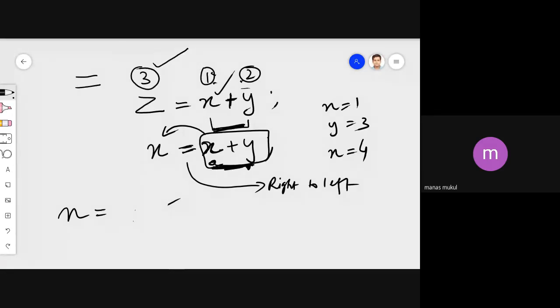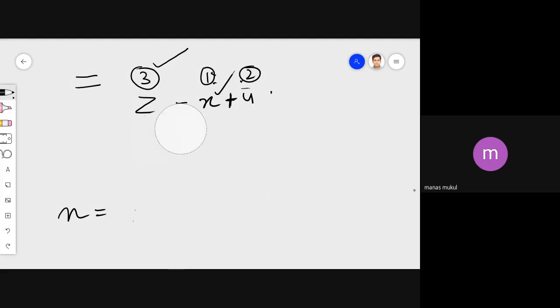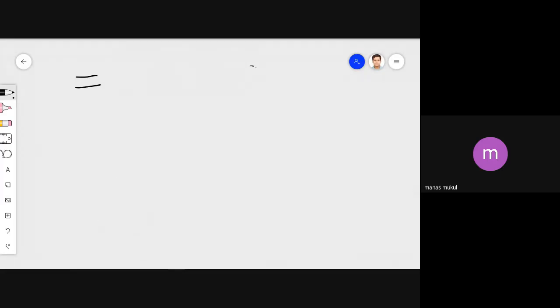Now the C programming language gives you a new operator to perform this kind of activity. Let me just clean this up and then we will discuss the new operator. In order to do something like x is equal to x plus y, C gives you a new operator, which means that we are doing the addition as well as the assignment together.